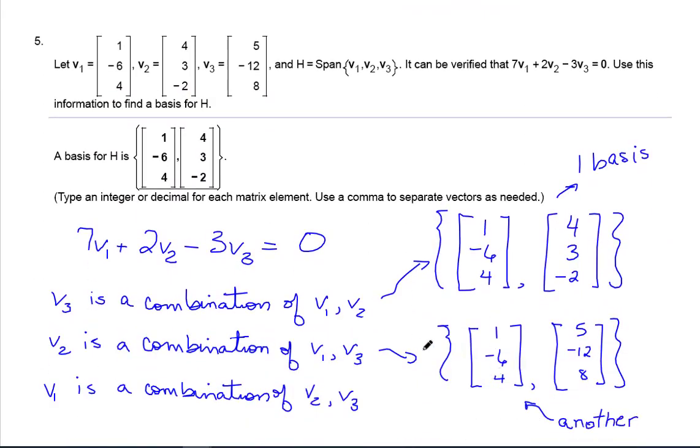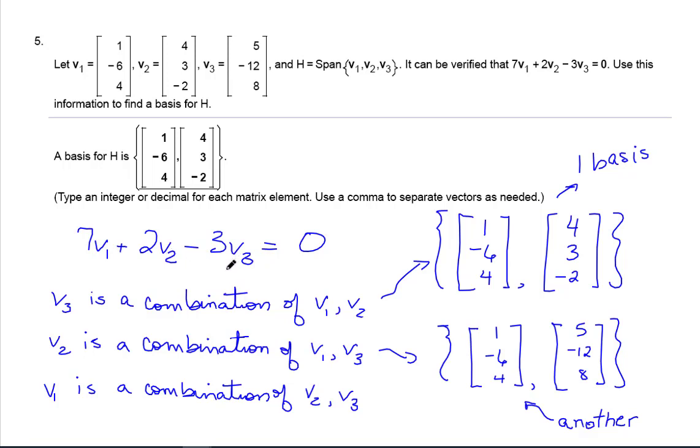All right, in question 5, we are given three vectors, v1, v2, v3, and H is spanned by these three vectors. Now, supposing we know there is a relationship between v1, v2, v3, and I want to find a basis for H. Well, by looking at this, I could solve for v1, v2, or v3.